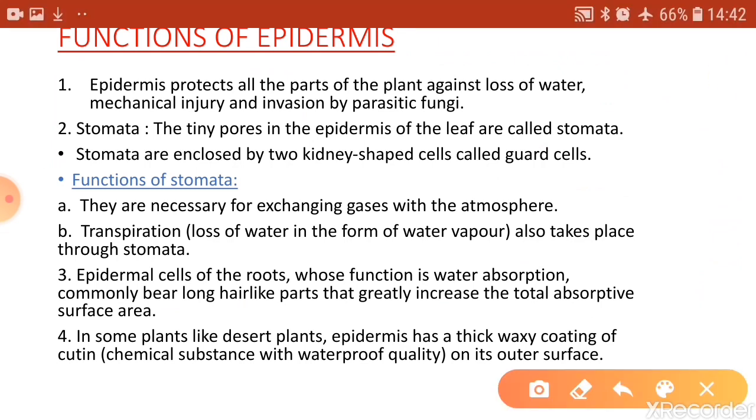That is, one, the most important function being protection of all parts of the plant from the loss of water, mechanical injury and invasion of parasitic plants. The next important function that I told you is that in the leaves the epidermal cells are modified into stomata.